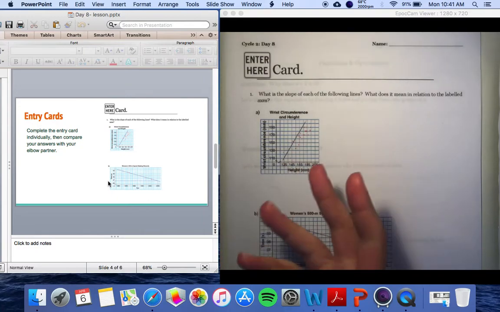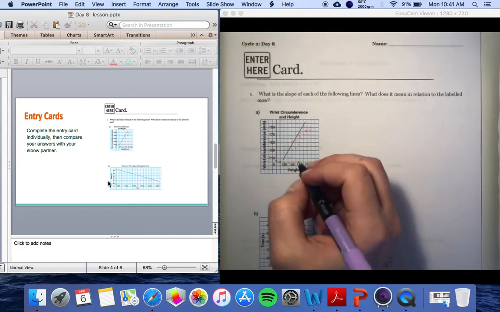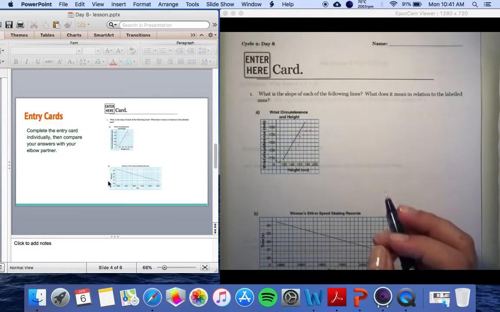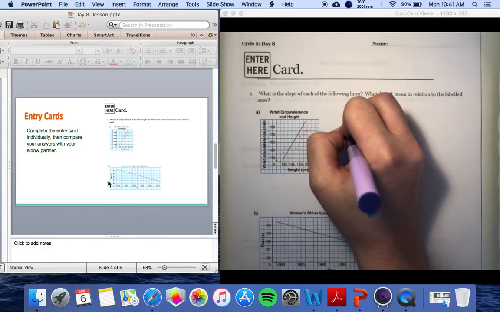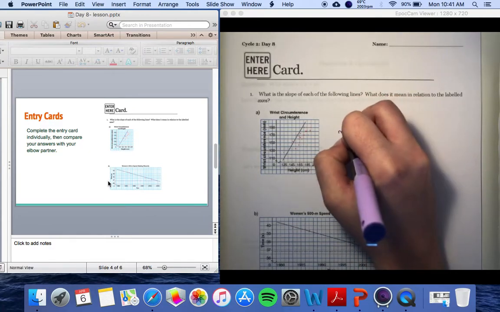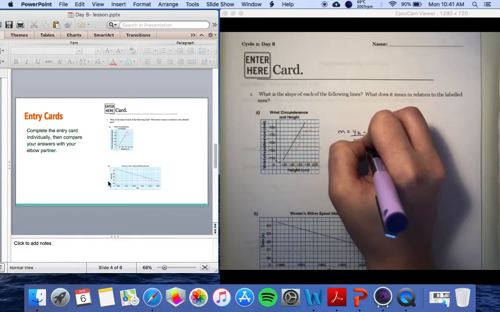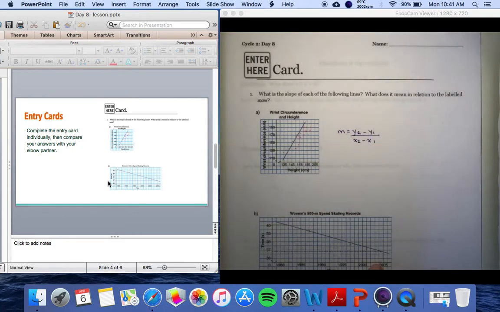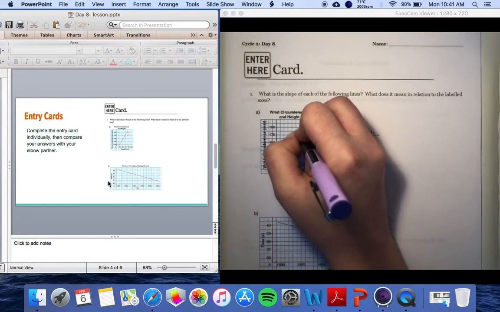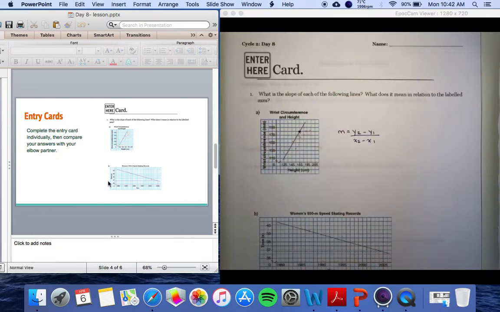So the first thing we're going to do is select 2 points along my line here and use our slope formula. So recall that the slope formula is m is equal to y2 minus y1 over x2 minus x1. So 2 points that I can see are 165 and 180.